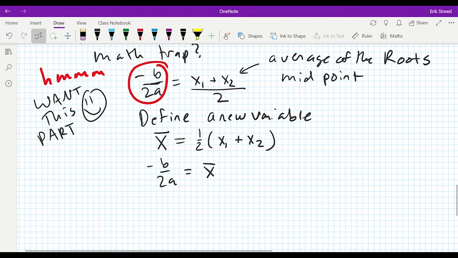So what if we wanted to go backwards? What if we wanted to go from x bar to x1 and x2? So let's set up and define x1 as x bar minus some difference, and x2 as x bar plus some difference. So I'm just using the Greek symbol for delta. It's a little equilateral triangle here for the difference.